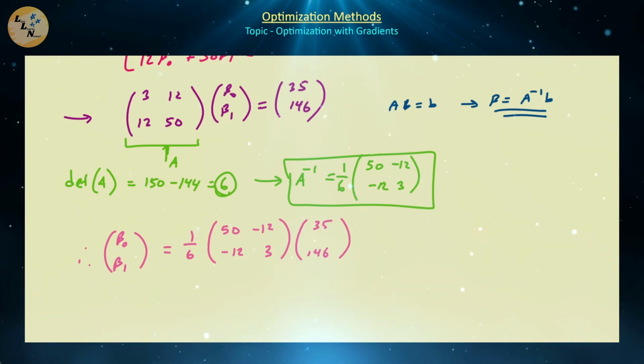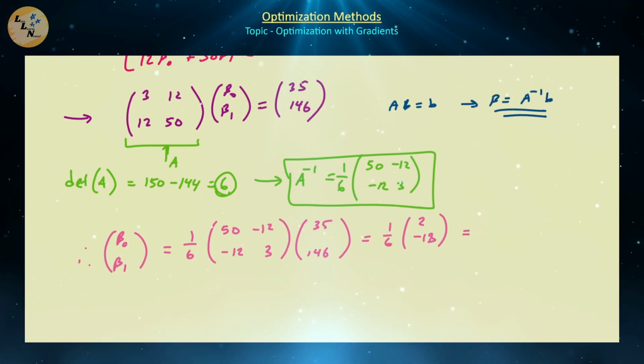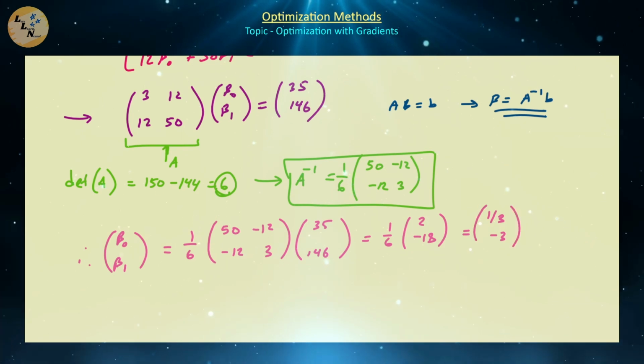And one can find that the product of those two matrices is going to come out to [2; minus 18]. And then we can factor that 1/6 in, and we're going to have 1/3 and minus 3. Right? And that gives us our solution. Actually, just a quick misprint. That should be minus 2 and positive 18, and switching those signs around in that solution. So minus 1/3 plus 3.